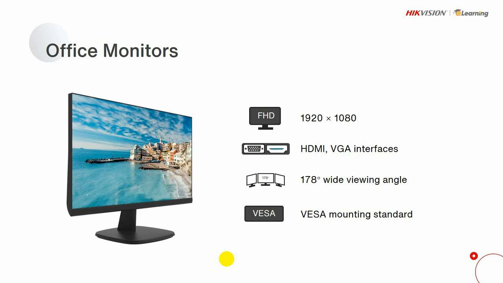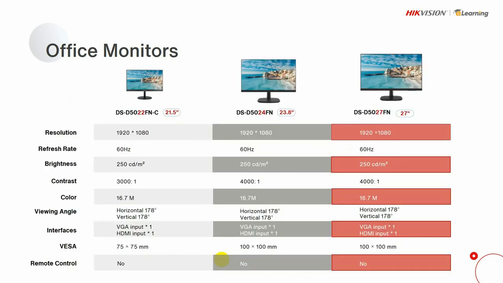They have a 178-degree wide viewing angle, and they also support the VESA mounting standard. And here are the three kinds of office monitors we have. We have a 21.5-inch monitor, another 23.8-inch monitor, and then a 27-inch monitor.